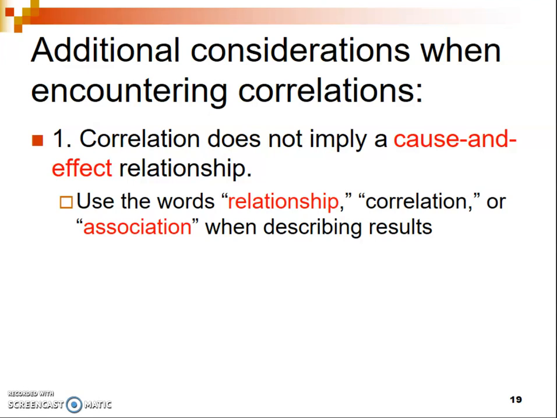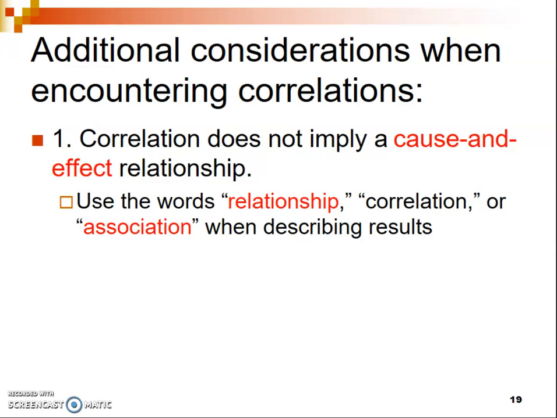In general, you'll notice this when we're talking about the conclusion in this chapter, but when we're talking about correlations, we always use one of these words to describe them. We would either talk about the relationship between variables, or we might talk about it as a correlation between two variables, which seems pretty obvious, or we might also use the word association.